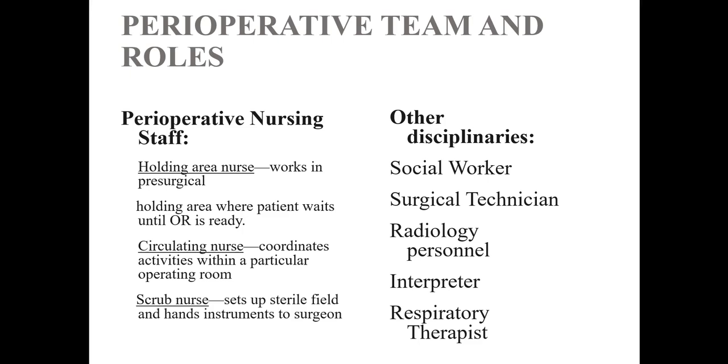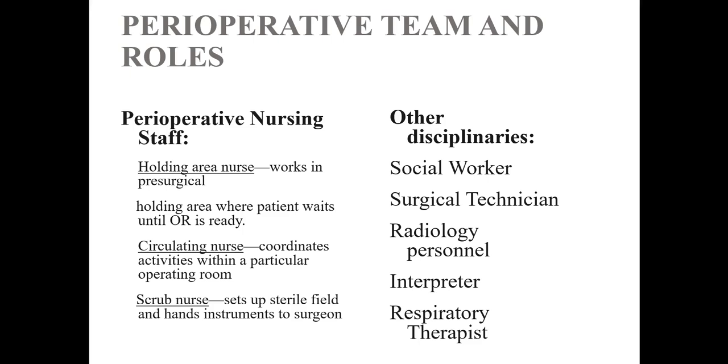You have the circulating nurse. They respond to the requests of the surgeon and the anesthesiologist. They get supplies, they deliver supplies to the sterile field, and the circulating nurse carries out the nursing plan of care. Okay?